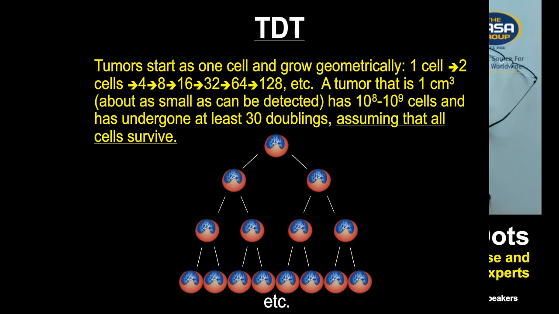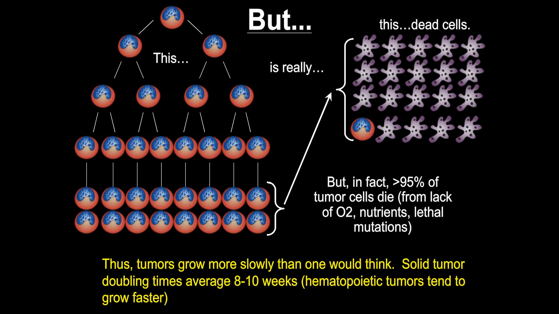In point of fact, tumors don't follow a straight progression. What you see on the left side of this slide is the idealized schematic, but in point of fact, most tumor cells die, either because of insufficient nutrients, insufficient oxygen, or other kinds of local forces that limit their ability to grow. So when you look at how fast tumors in fact progress, they grow much more slowly, grossly, than you would think they do.